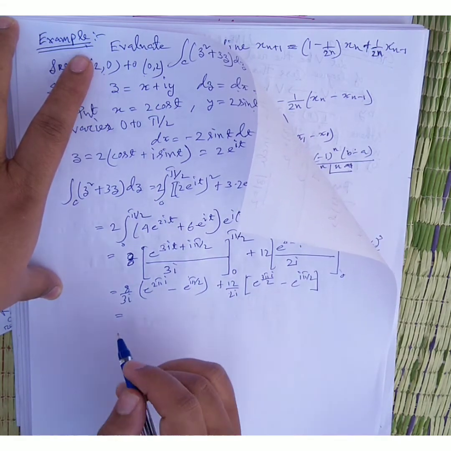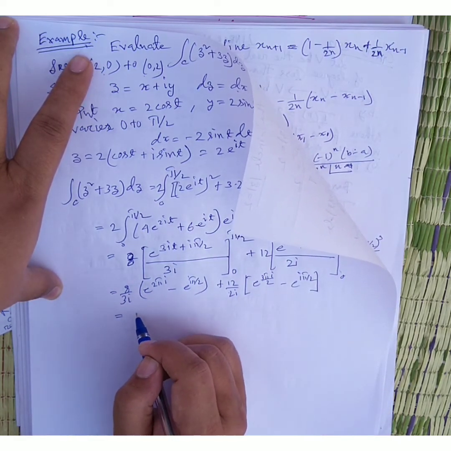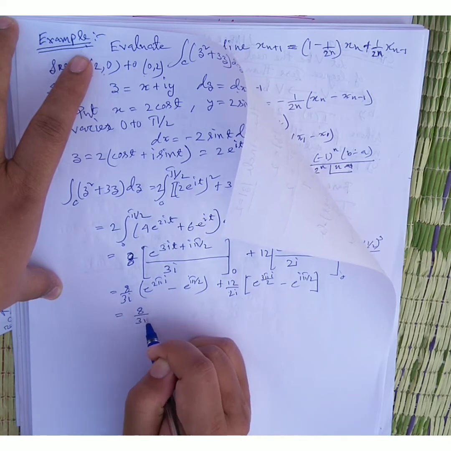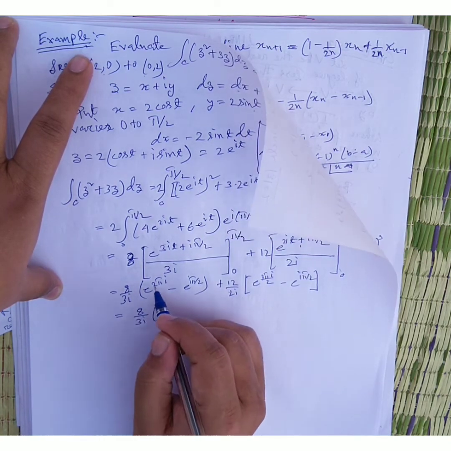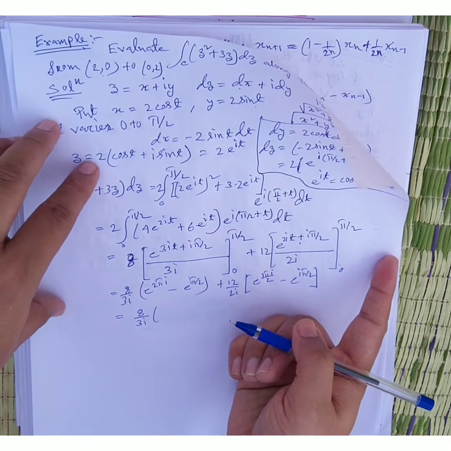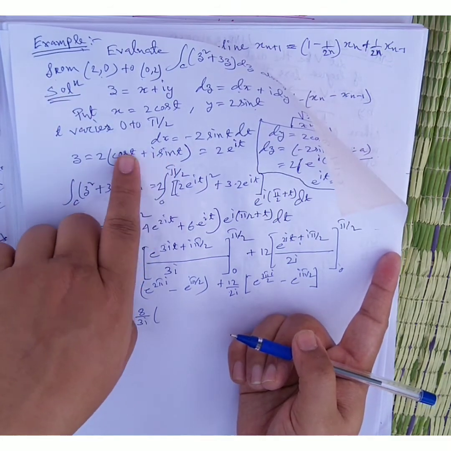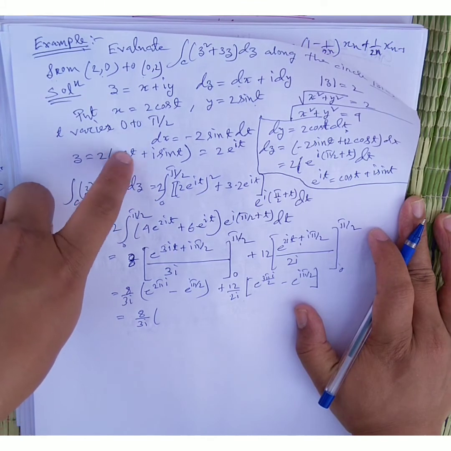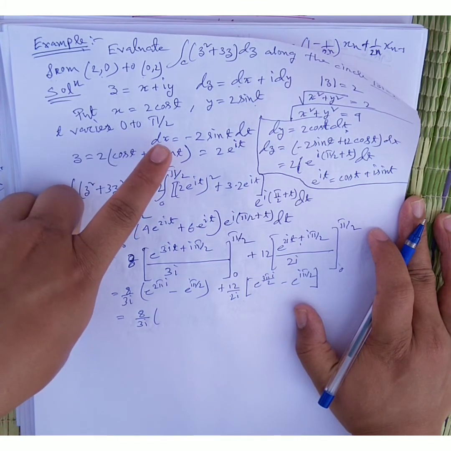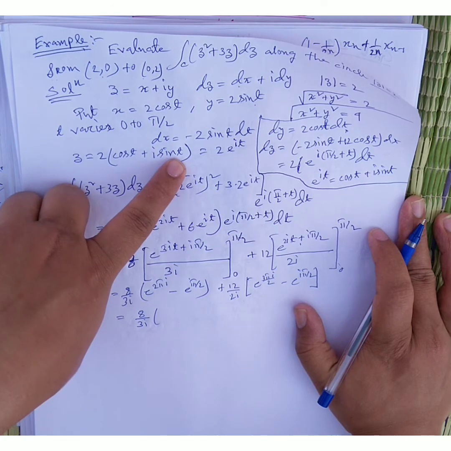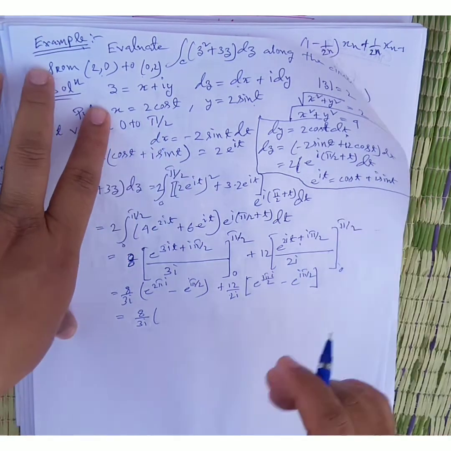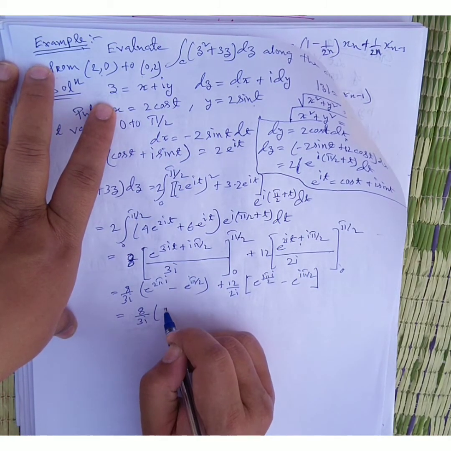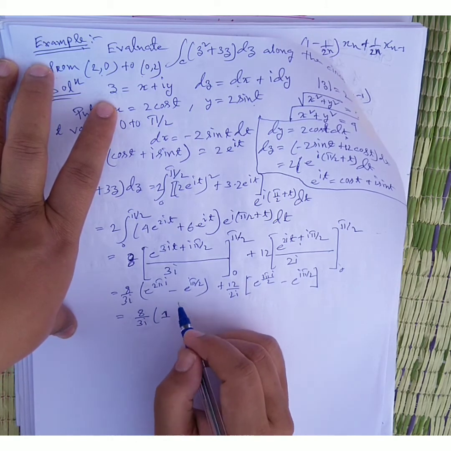So the total is 8 divided by 3i, e to the power 2 pi i means cos plus i sin. Cos 2 pi means 1, sin 2 pi is 0, so the value is 1, and the other is minus i.